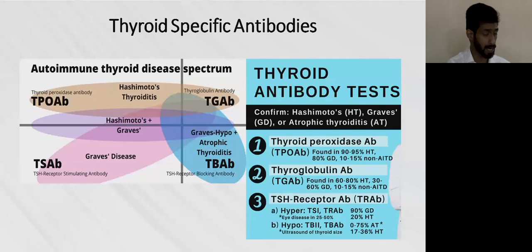But at the same time, right now we do know that there are neutral antibodies who do not stimulate, who do not block, and there are also TSH receptor blocking antibodies, which is seen in a newer entity these days called as atrophic thyroiditis, which is an immune thyroiditis. So the antibody that you see there is TSH receptor blocking antibody. Am I making sense?